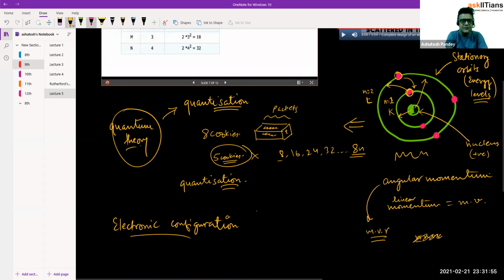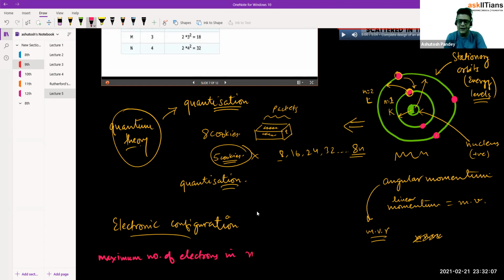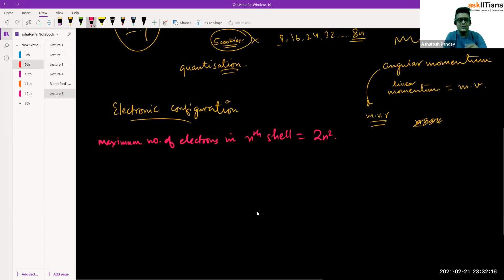So we can write: the maximum number of electrons in the nth shell will be equal to 2n square. So it means that for the K shell, n is equal to 1. Okay, so we can write it like this. Just wait.